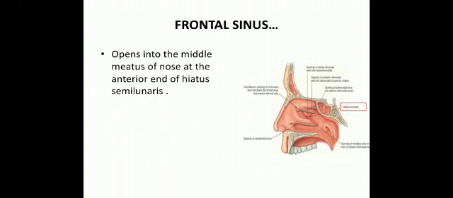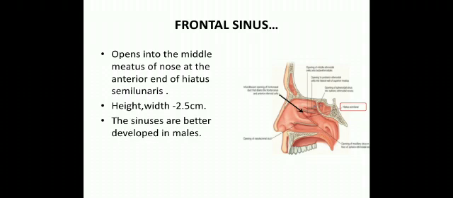It opens into the middle meatus of the nose at the anterior end of the hiatus semilunaris. The average height and width is about 2.5 centimeter, and the sinuses are better developed in males.